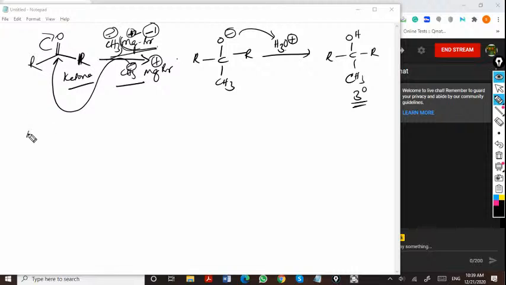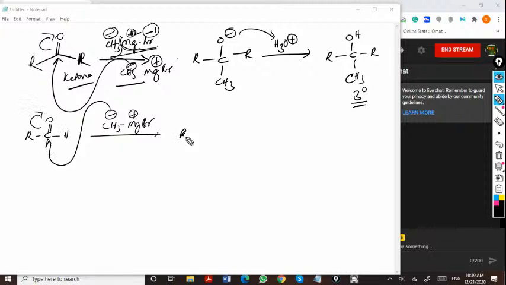If I treat an aldehyde with a Grignard reagent, let's see what the product could be. This is minus and this will become plus, so it attacks, resulting in RCO minus and CH3, H, where H3O plus will give the proton.